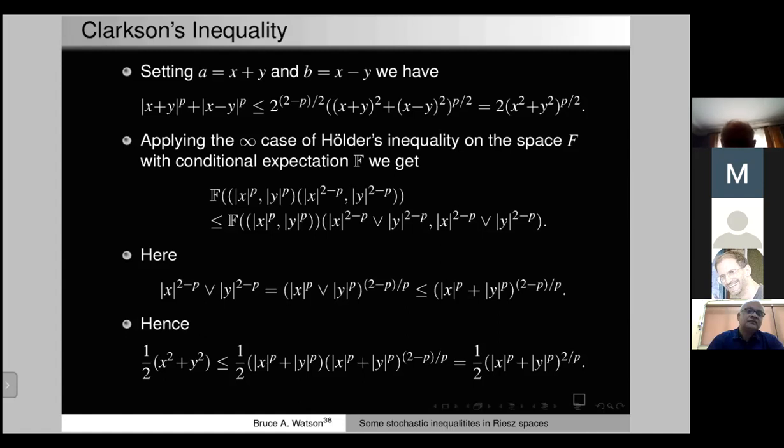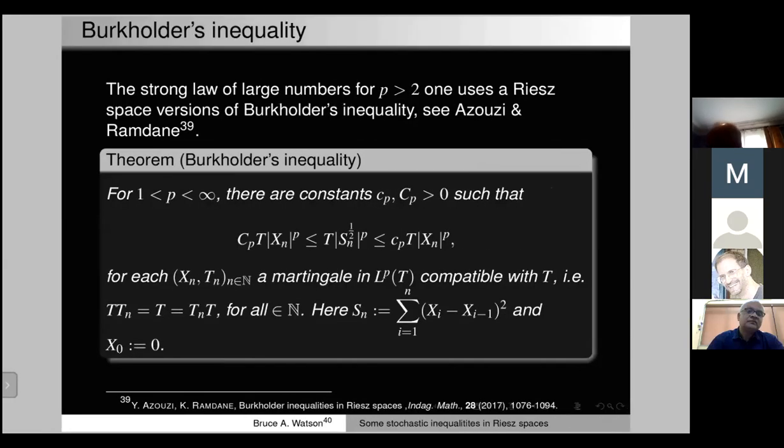Now, if we take the result of Hölder's inequality in the middle formula and we compute the left-hand side of that, we obtain the left-hand side of the bottom equation, and we've already obtained the right-hand side. We now combine that with the top equation on the page, and we have Clarkson's inequality.